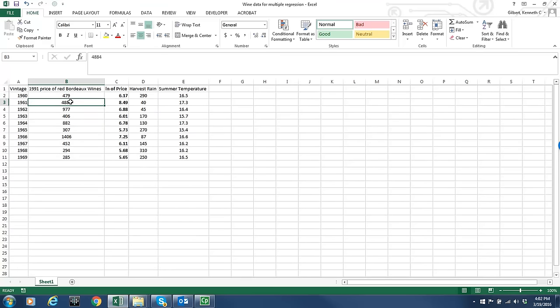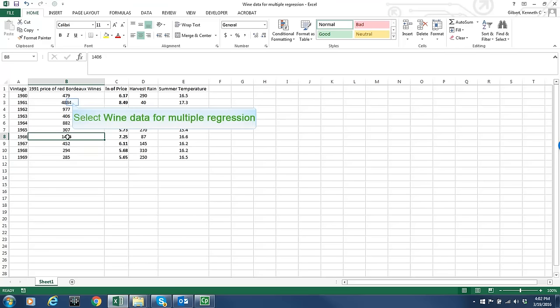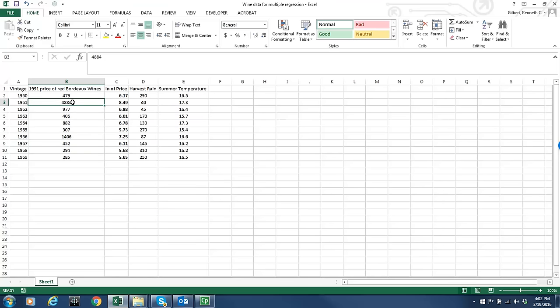The 1961 price is about 5 times some of the other prices in the data set, and 1966 is also about double what most of the other prices are. But in particular, 1961 is an outlier.